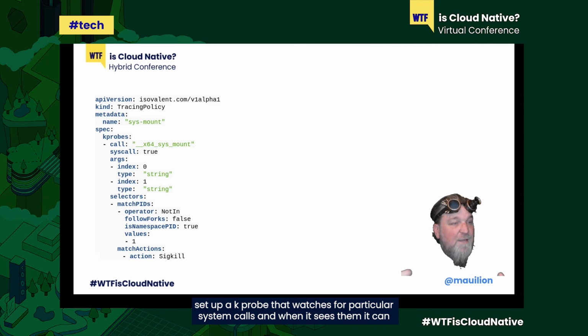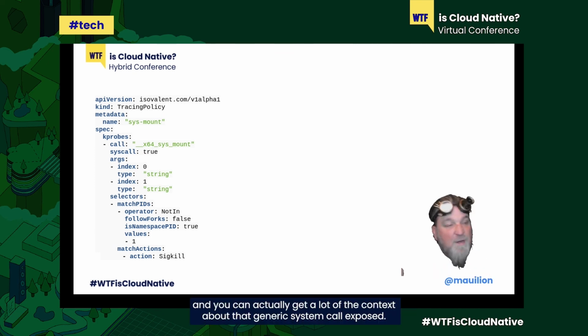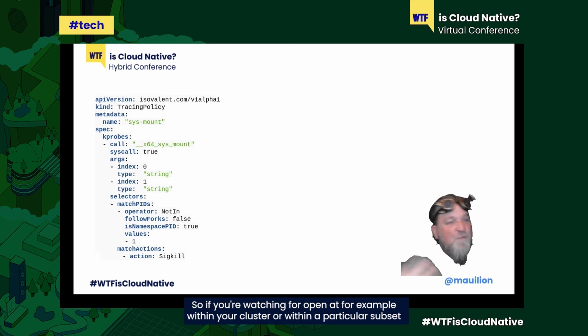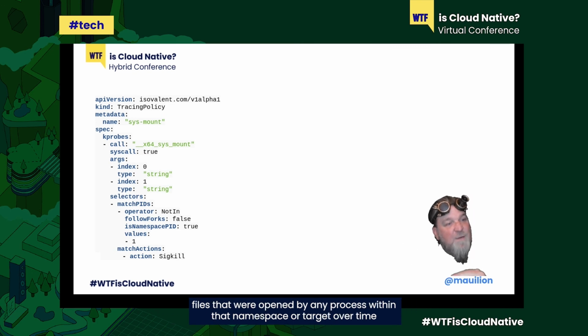And when it sees them, it can report them back and expose them as an event for generic system call watching. And you can get a lot of the context about that system call exposed. So if you're watching for open@, for example, within your cluster, or within a particular subset of pods, matching by label or within a namespace or what have you, then we can show you all of the files that were opened by any process within that namespace or target over time.